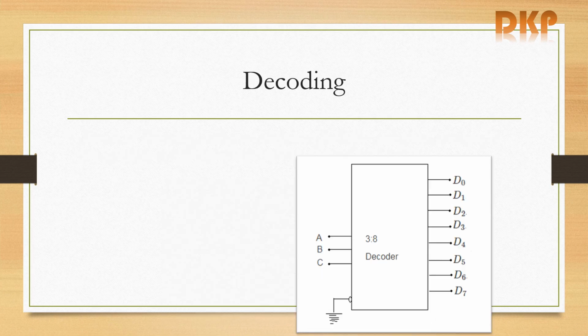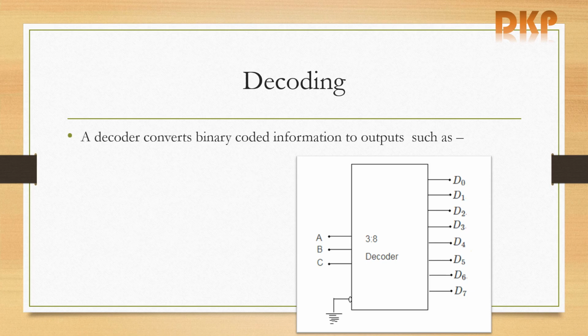Decoding is the inverse operation of encoding. A decoder converts binary coded information to outputs such as decimal digits, octal digits, etc. The figure shows the decoding of the binary to octal digit.